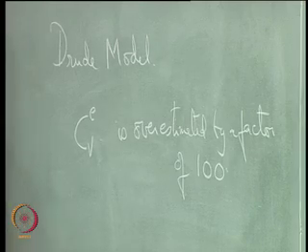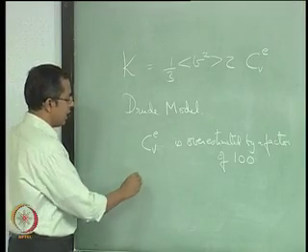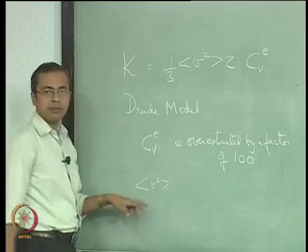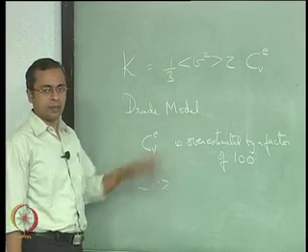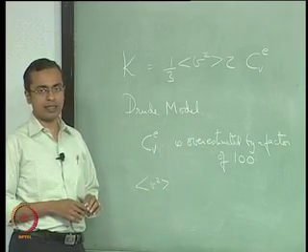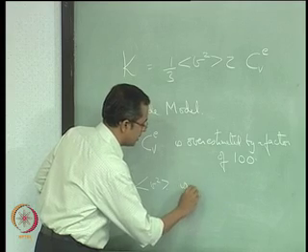So whatever the value is, it is predicting it 100 times more. It also so happens that the mean square velocity, as predicted through this theory when it is applied to the electronic system inside a solid, is underestimated.